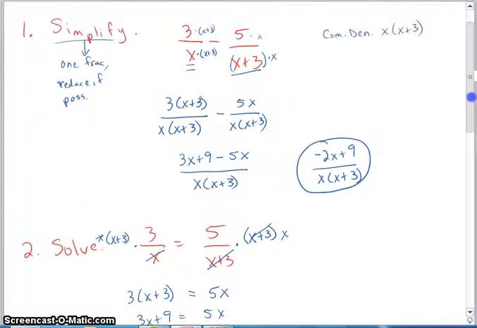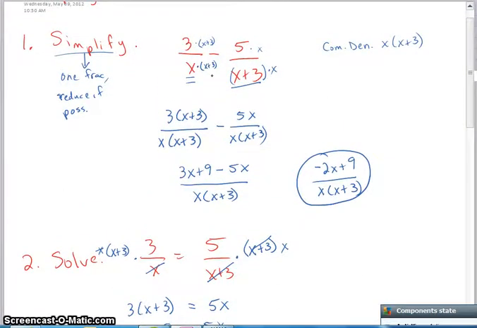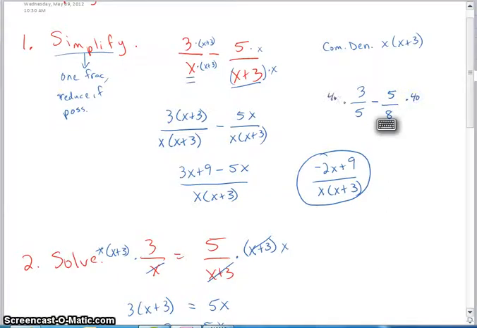In the first problem, if I had tried to reduce the denominators by multiplying, I would lose the value. Because if I had a fraction like 3 over 5, and I subtract 5 over 8, if I were to multiply both of these by 40, I would get 24 minus 25, which would give me negative 1.